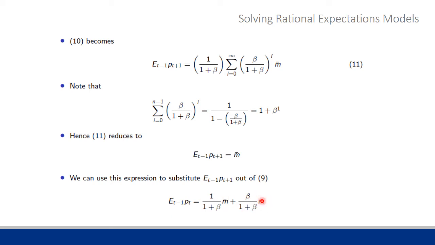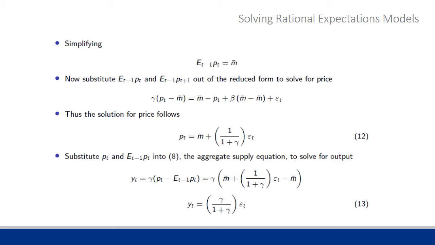And of course this simplifies further. In fact, it simplifies to E_t P_t equal to m bar. So we have the solution now for E_t P_t and E_t P_{t+1}, which we can take to the reduced form to find the solution for P_t.